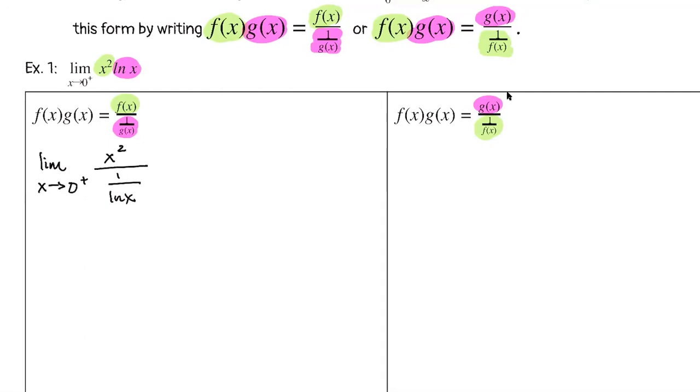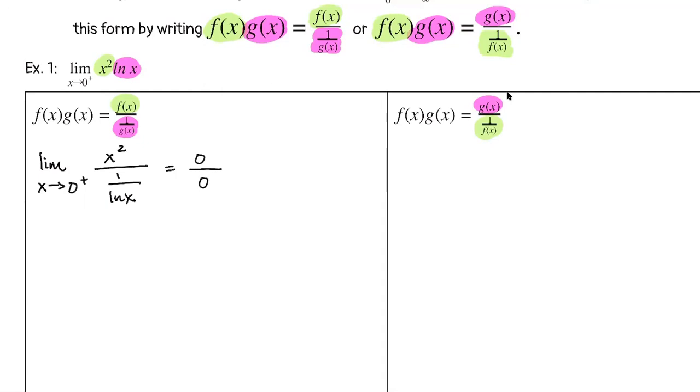Okay. Now, if I plug in 0 over here, I'm going to get 0 over 1 over infinity, which is 0. Okay, so I've gotten it to a form where, in theory, I could use L'Hopital.